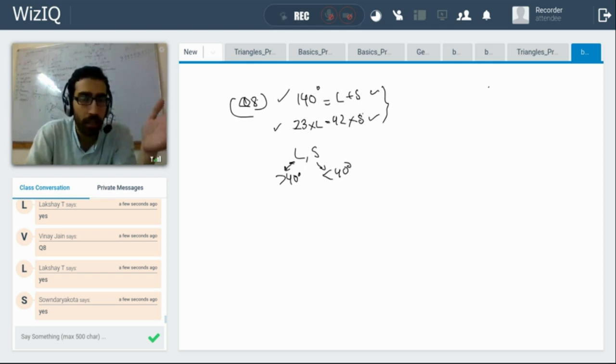That alone will give you the answer. If, of course, the smallest angle now comes out to be greater than 40, then your answer is an incorrect one, because then it's no longer the smallest angle. So this is approach 1, using options.